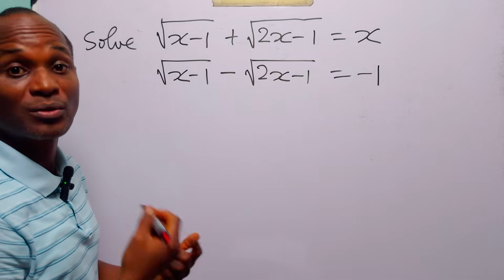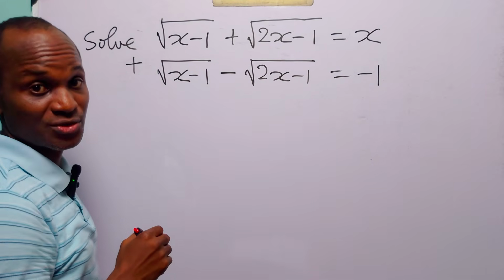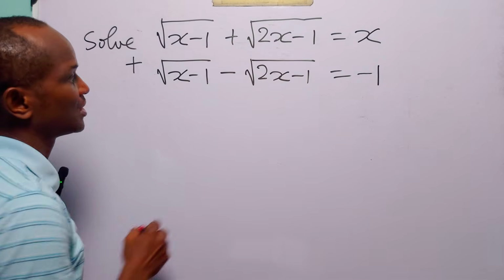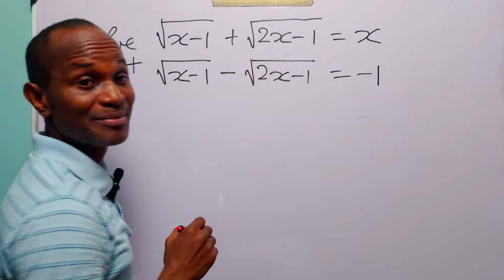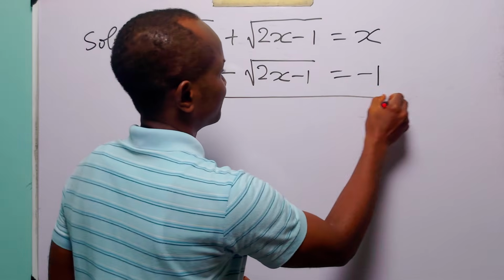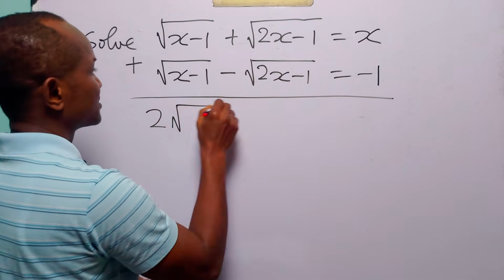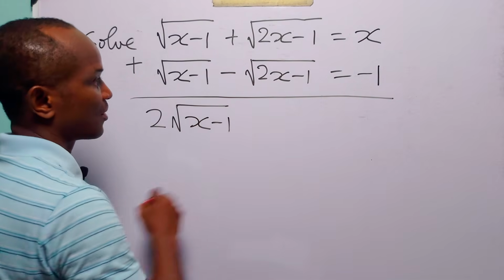And now that we have found the value of y, the next thing we are going to do is to add these two equations. Notice that when we do this, we will be able to eliminate the second radical. When we add, on the left-hand side, we have 2 times root x minus 1.